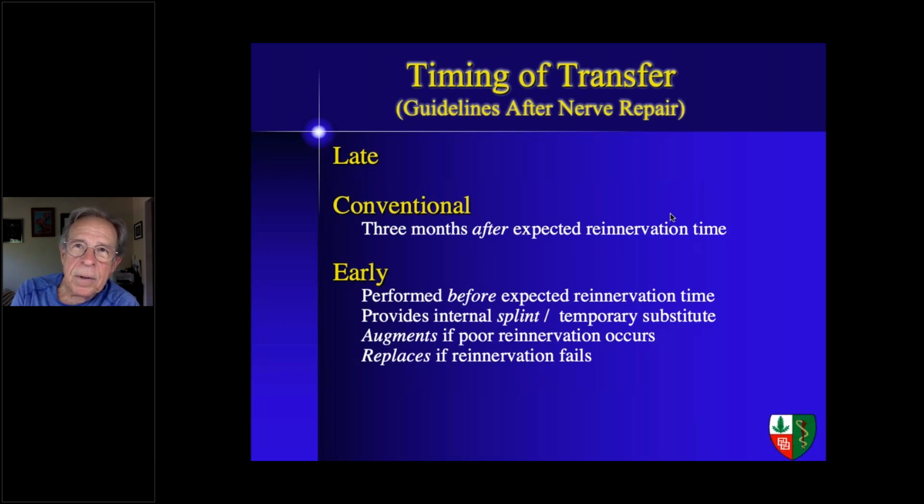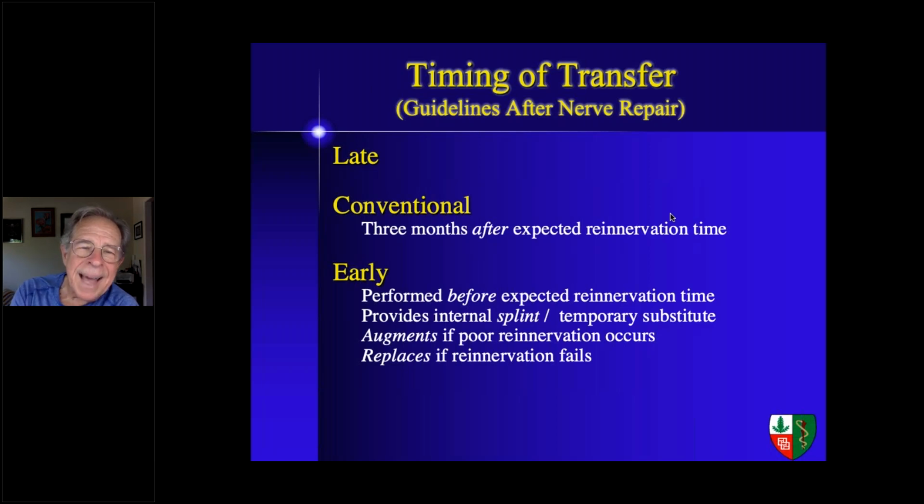You've done the nerve repair and you've followed the Tinel sign, but the muscles that you were hoping to get reinnervated show no signs of reinnervation, either by your testing or even electrophysiologically. So you can expect that this muscle, even if it eventually gets reinnervated, is not going to do any work. So that would be a time to consider tendon transfer.